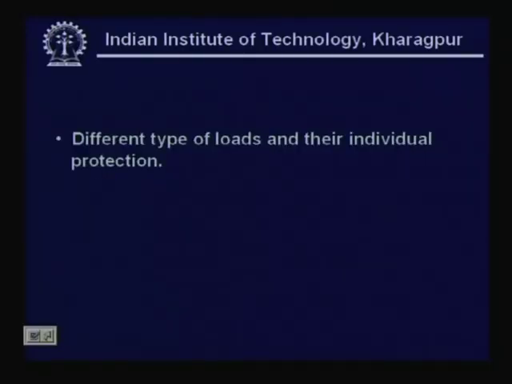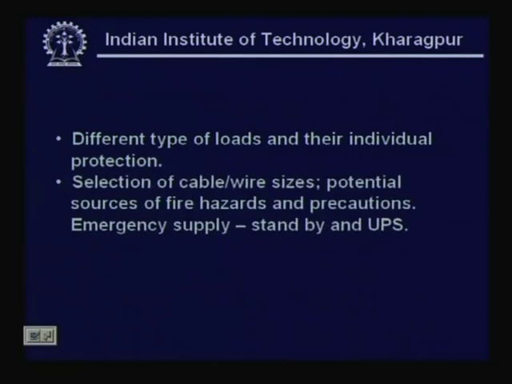And once we have this, we need to look at the various types of loads and how they are individually protected or in a group, and one must emphasize that all this needs some kind of conductors to carry the electrical energy, which are in the form of cables or wires, and the moment we use cables, there are insulating materials involved, and there are certain potential sources for fire and necessary precautions.